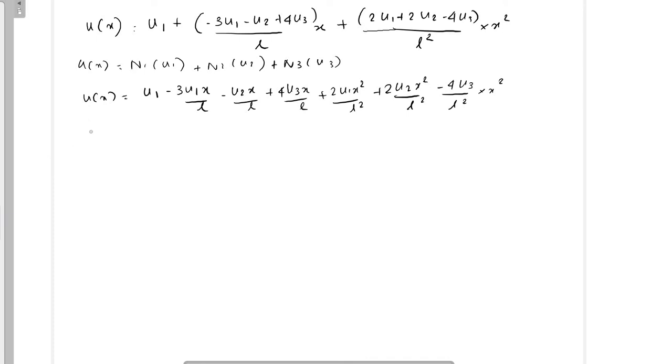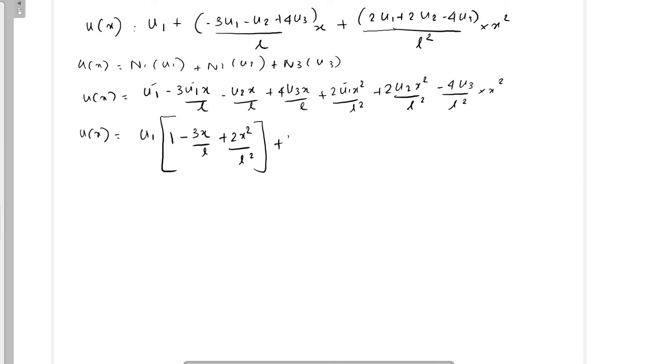Now it is easy to assemble this equation in terms of u1. If you take u1 outside, it is 1 minus 3x by L, so we have completed these two terms. Another term in x square: plus 2x square by L square.